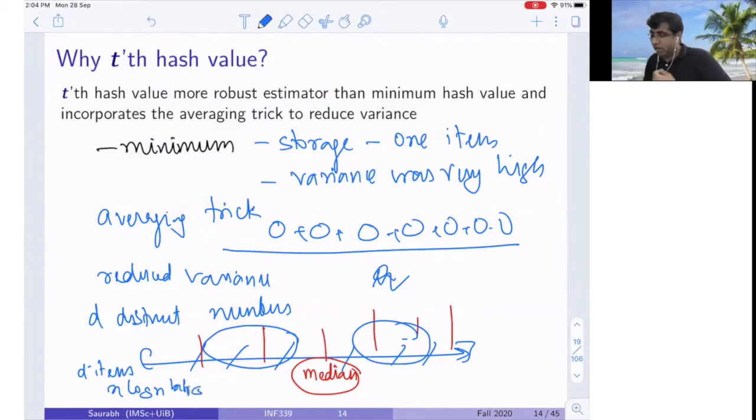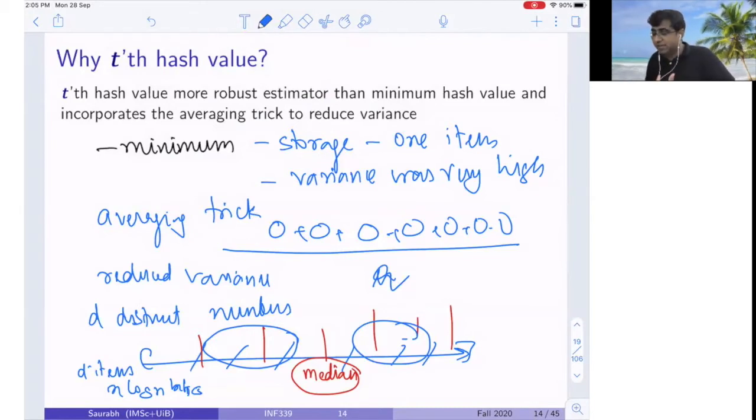So rather than doing this, we say, okay, fine. We cannot do this, but let's try to store several minimum values, and let's just return the one which is at a certain higher threshold, okay?